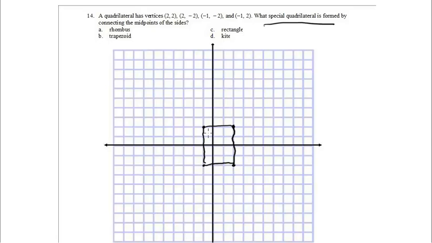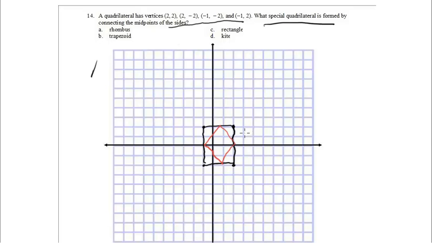You could use the midpoint formula because we know all these. We could use the midpoint formula, but we also know what the midpoints are. So if we're connecting midpoints, we should be connecting from here to there, down to the next midpoint, down to the next midpoint, and to the next midpoint.